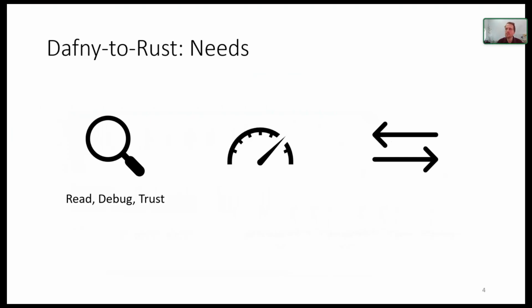For the final output, we wanted the output to be readable so that we could debug it and it would be easier to trust. We also wanted the code to be correct and compiled in a way that can run extremely efficiently, if possible, because this is what Dafny was meant for. And last, we want to be able to import and export Rust definitions so that the API of our libraries is not weird, but actually quite readable.